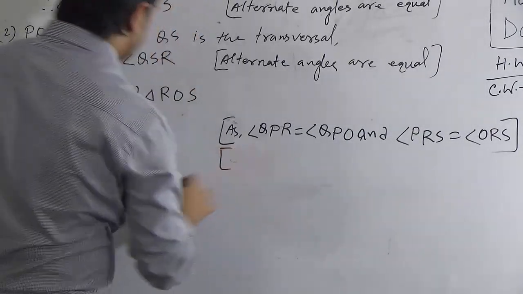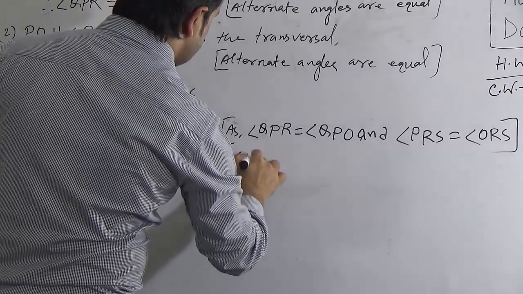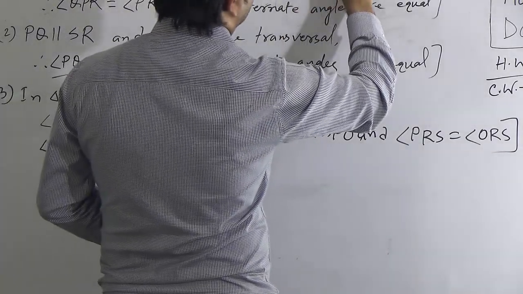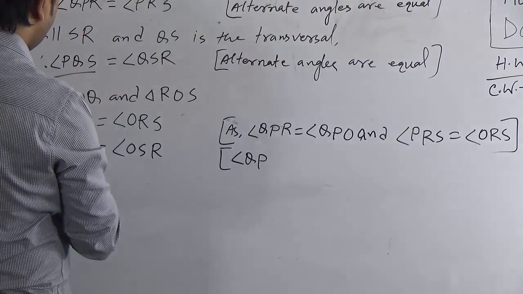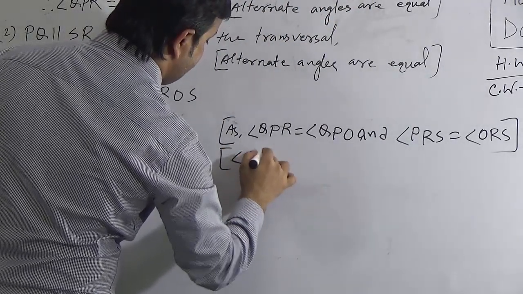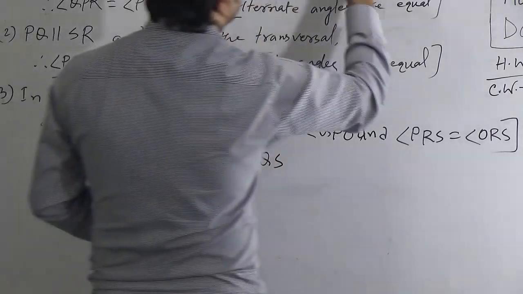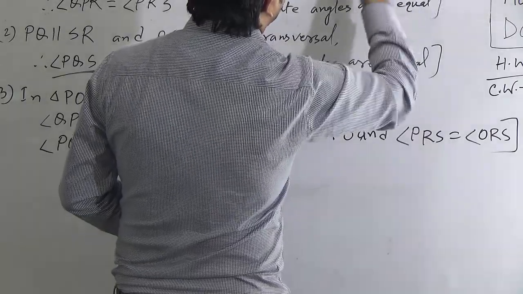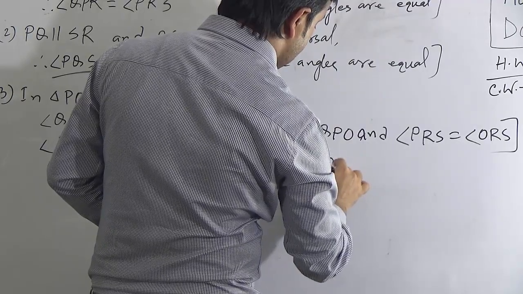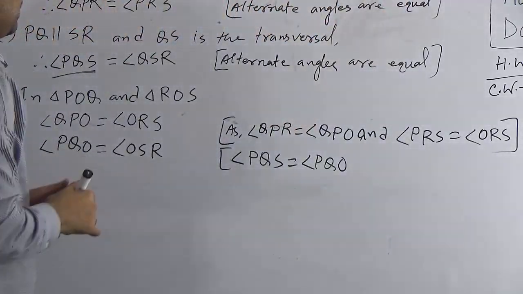So we can give the side note here: angle PQS, it means PQO, as S and O lie on the same straight line.